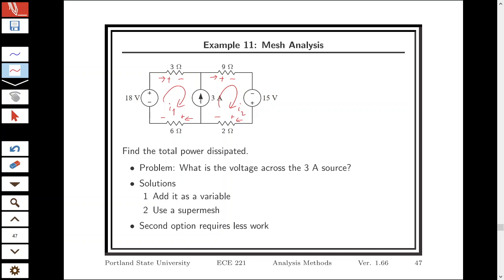So since we have a current source here, we need to assign a voltage here, V.